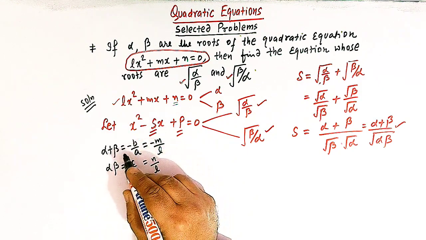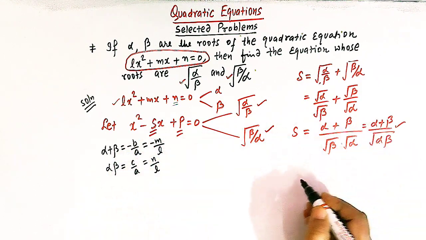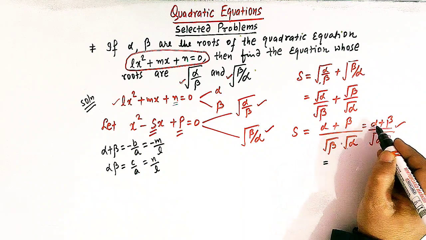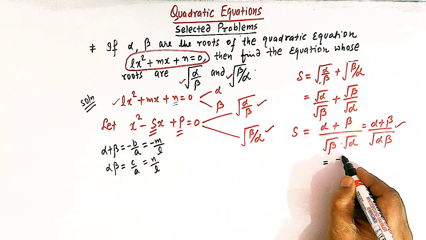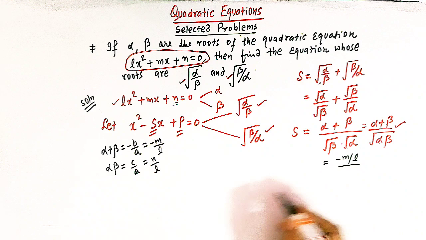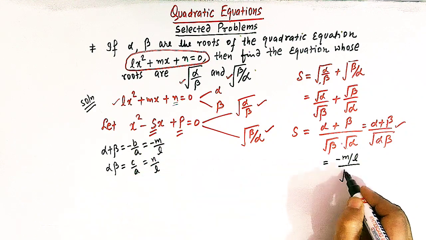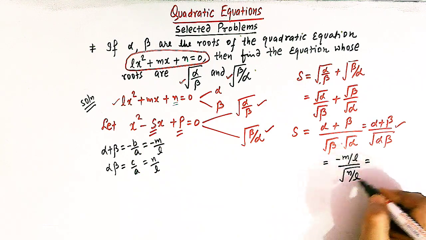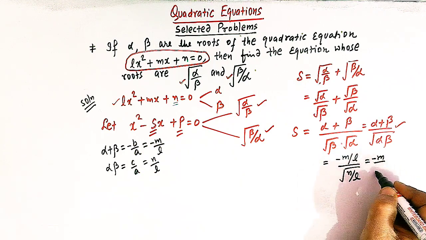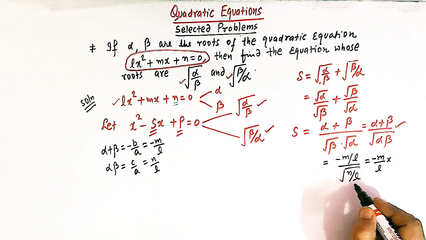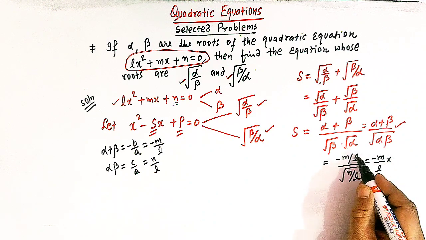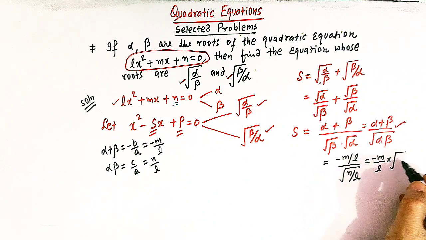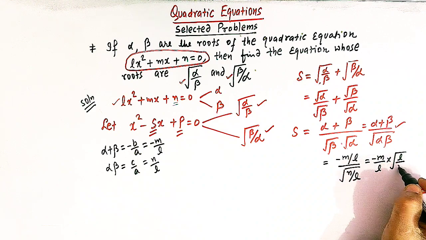So substituting these values over here, we have alpha plus beta is minus m over l, and here we have square root of n over l. So simplifying, we have minus m over l times, taking this l to the numerator, square root of l over n.